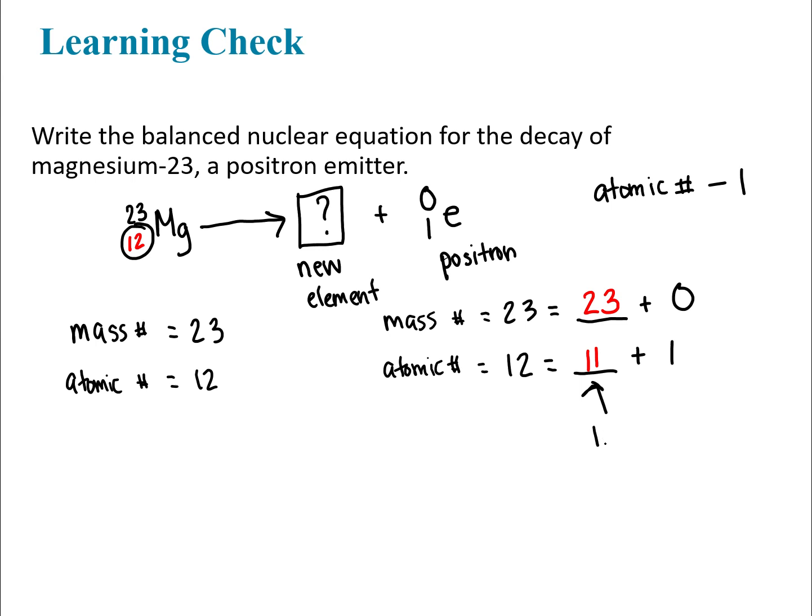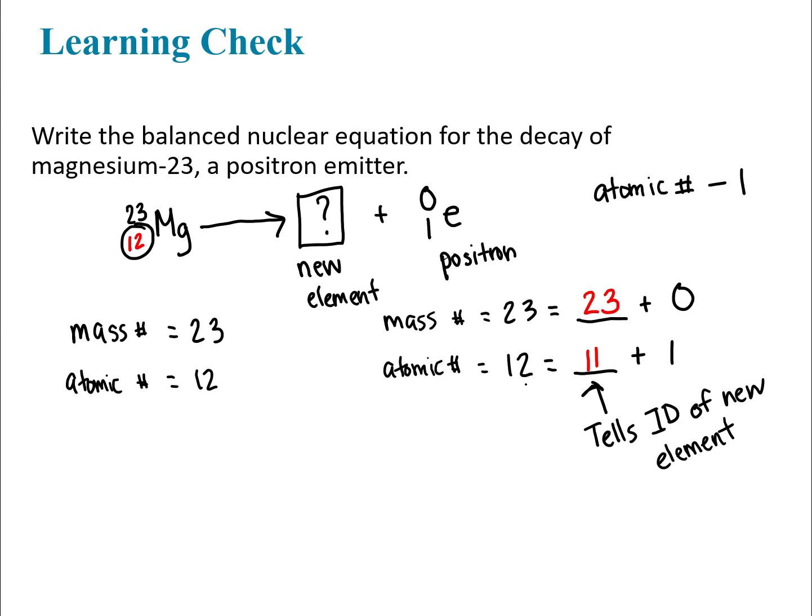This tells you the identity of your new element. Because this time we have a positron emitter, and that positron has an atomic number of 1.